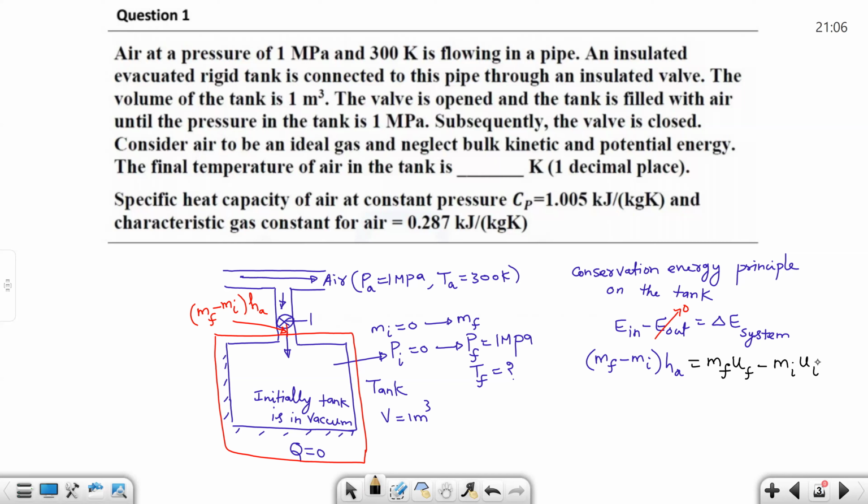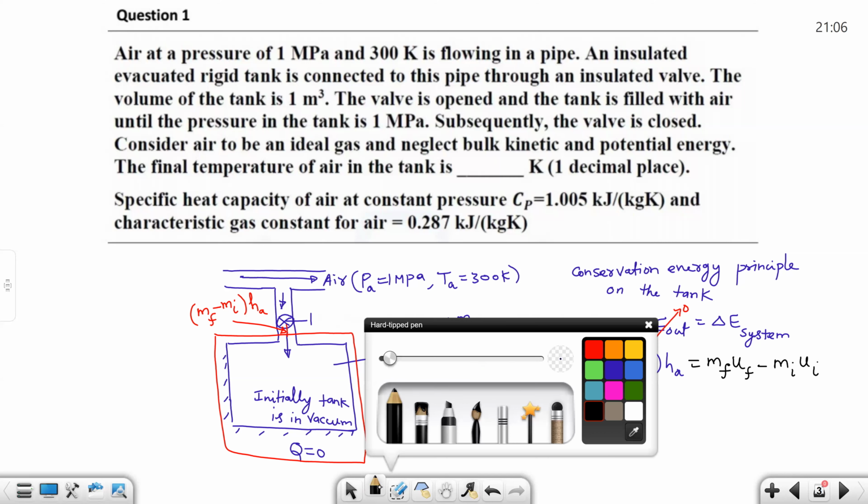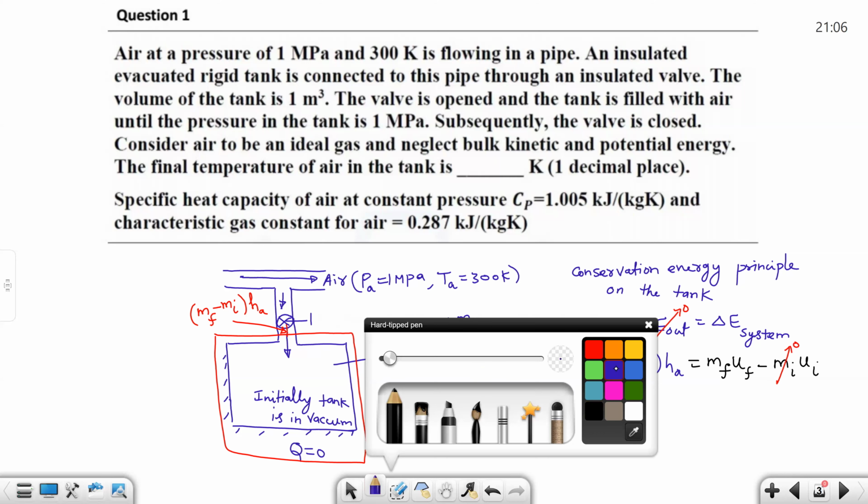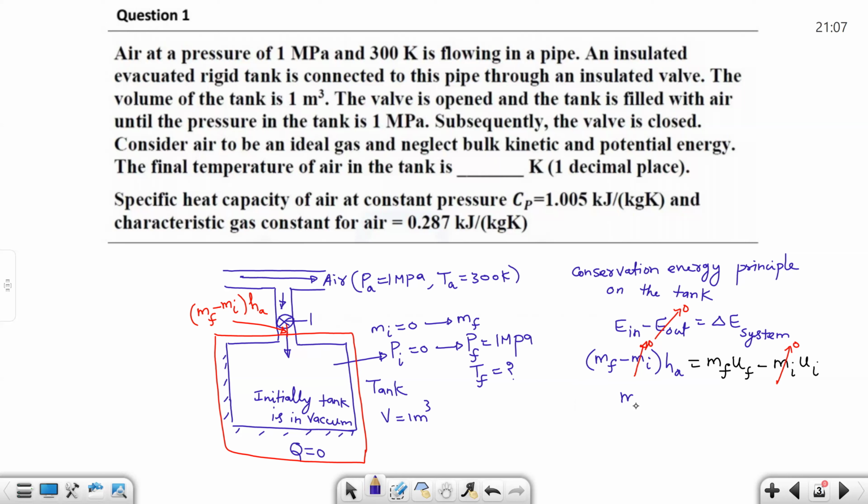As the initial mass is 0, we take the initial mass as 0. Then you get the final mass into the enthalpy of air equals the final mass into the final internal energy.